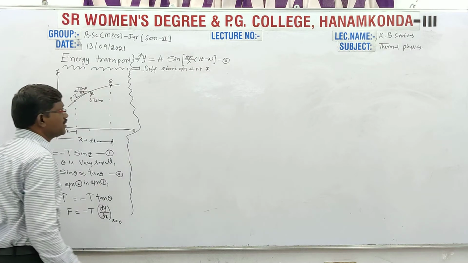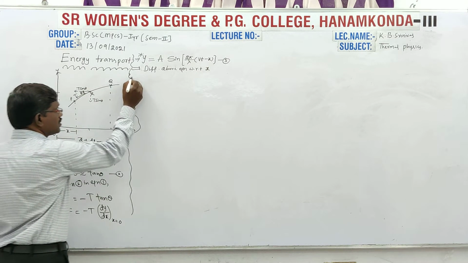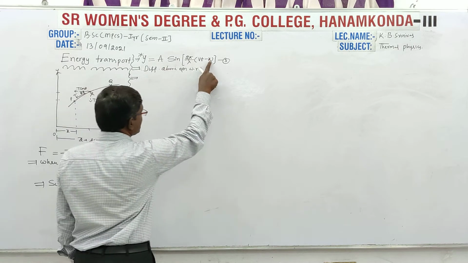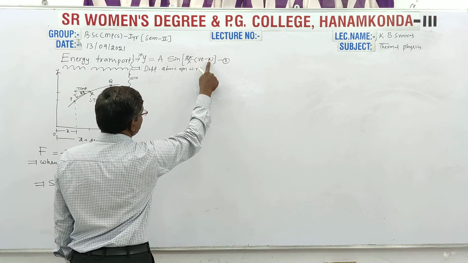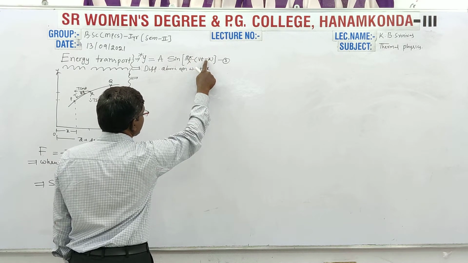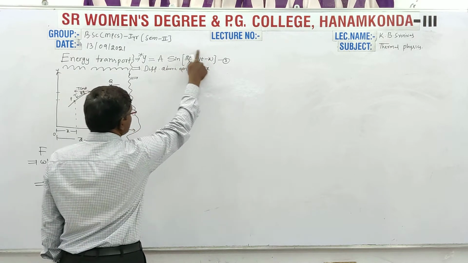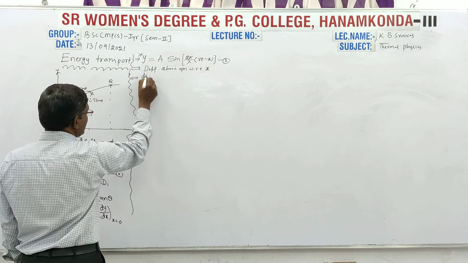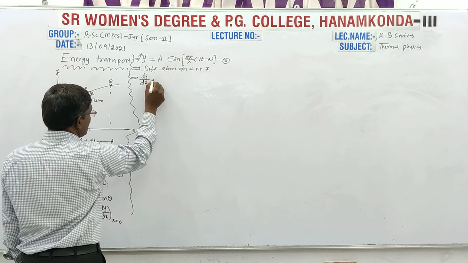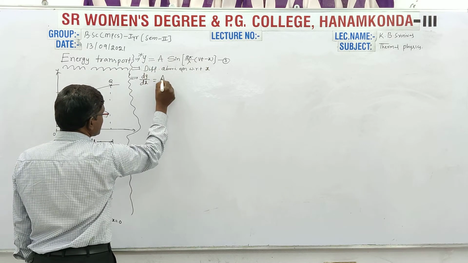If I differentiate with respect to x, what is the coefficient of x? That is 2 pi by lambda, along with the negative sign. So minus 2 pi by lambda comes before the equation. So y becomes dy by dx. Already a is the amplitude, it is a constant.